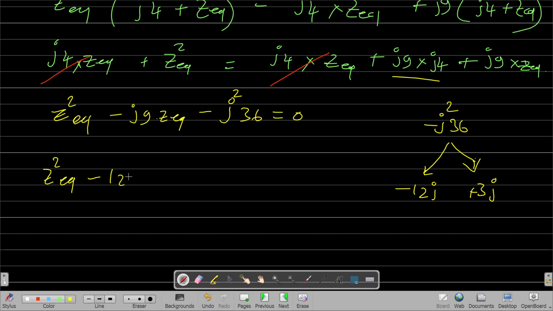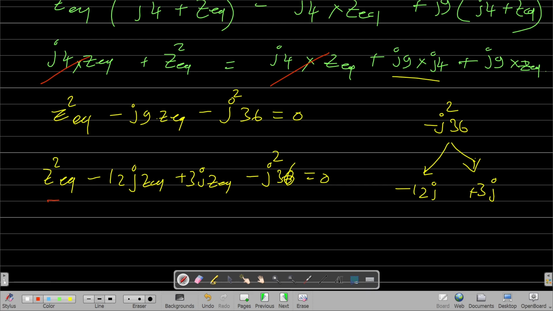Minus 12 Z equivalent plus 3 Z equivalent minus J square 36 equals 0.